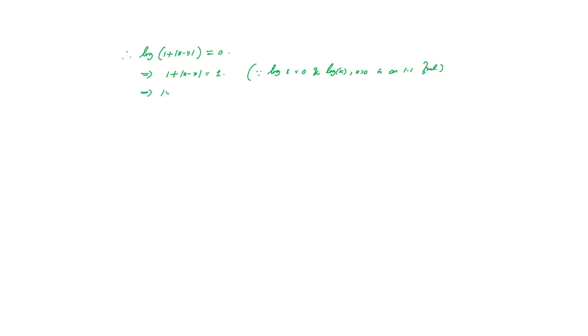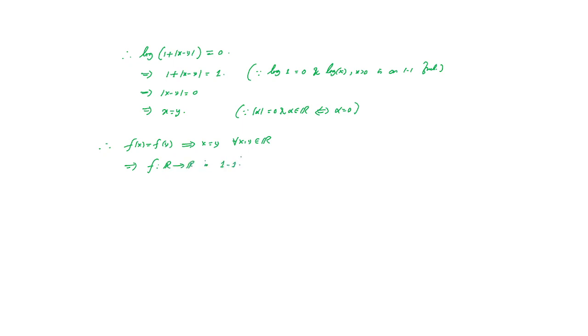And from that, mod of x minus y equals 0. And we know that if mod alpha equals 0 and alpha is a real number, that holds if and only if alpha equals 0. So that means x equals y. So what we get is, if f(x) equals f(y), then x equals y for all x, y belongs to R. So the function f from R to R is injective.